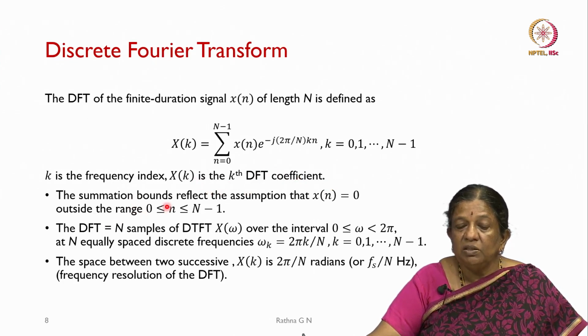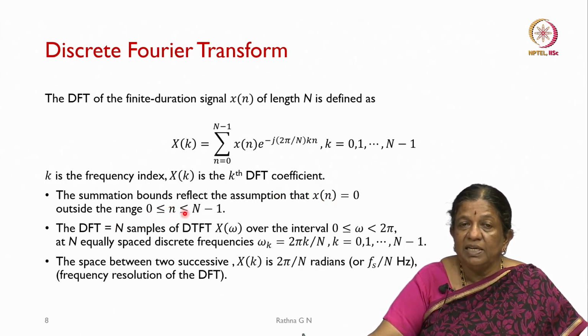The summation bounds reflect the assumption that x of n is equal to 0 outside the range 0 less than or equal to n, which is less than or equal to N minus 1. So, we call DFT the N samples of DTFT X of omega over the interval omega between 0 and 2 pi.